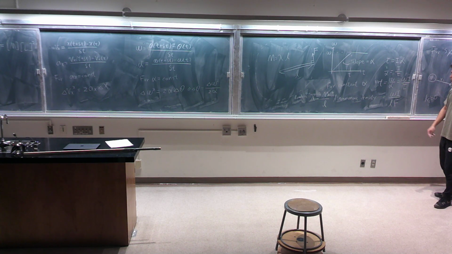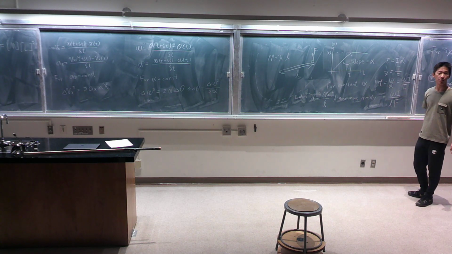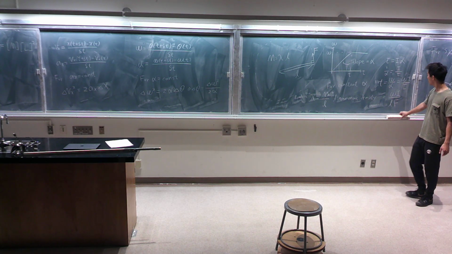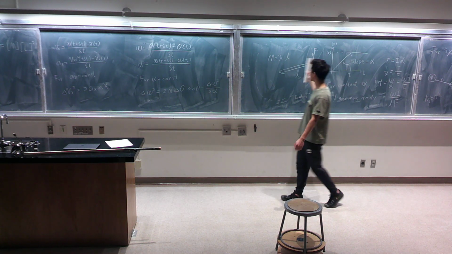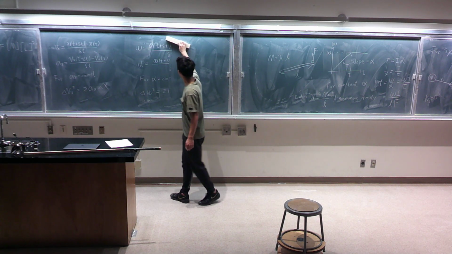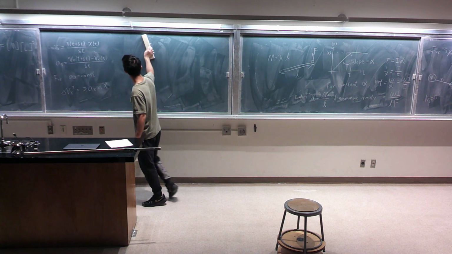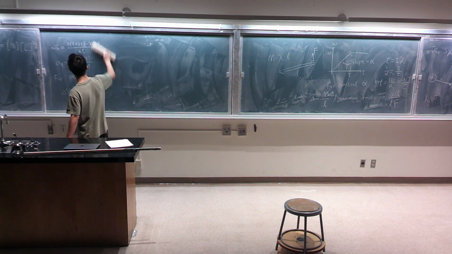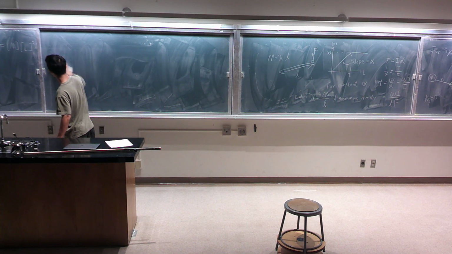Okay? So now the only thing we don't know is how the moment of inertia of this pipe will change. If the force is not perpendicular to the lever arm, you take the sine theta. But if they are perpendicular, torque is easy. It's just the lever arm times the force.